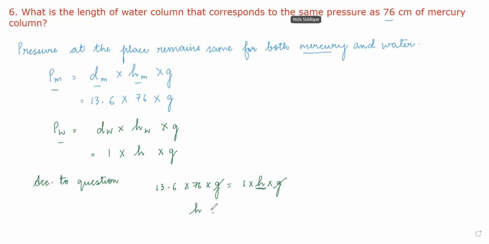We need to find the value of H, that is 13.6 into 76. And it will be equal to 1033.6 centimeter. So that will be the height of water column.